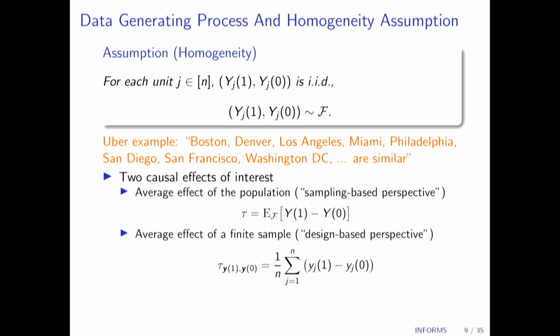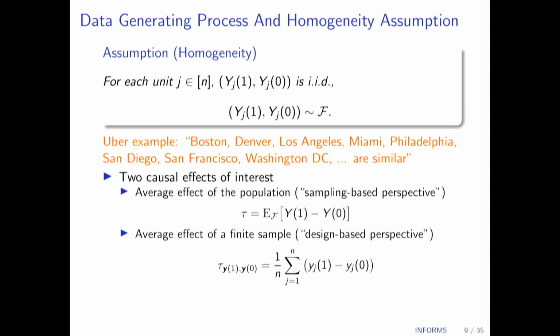If this is the case, we refer to this effect as the average effect of a finite sample, and we refer to this way of estimating a causal effect as the design-based perspective. We use design-based because we're designing an experiment, and this experimental design is the only source of randomness to this problem.